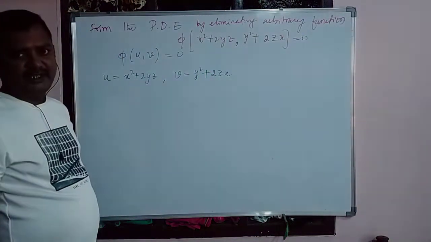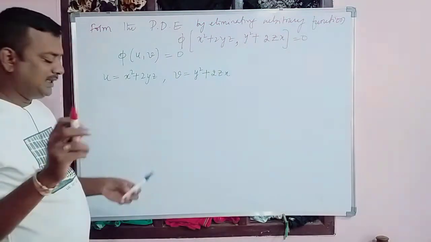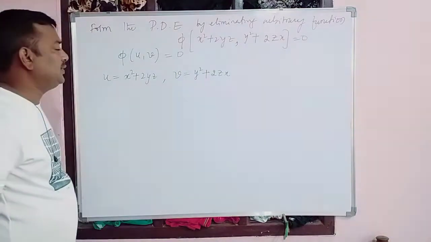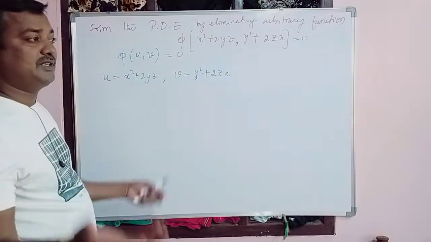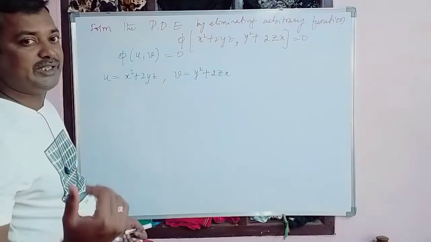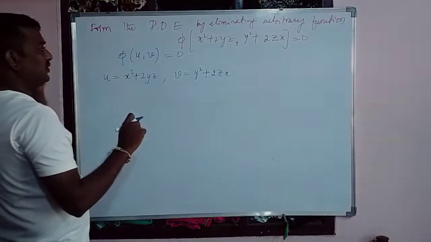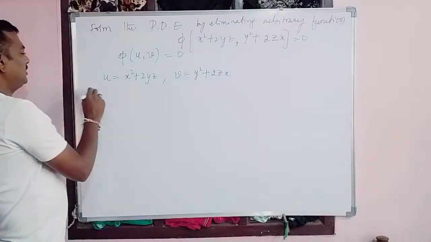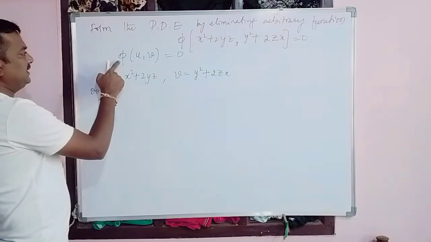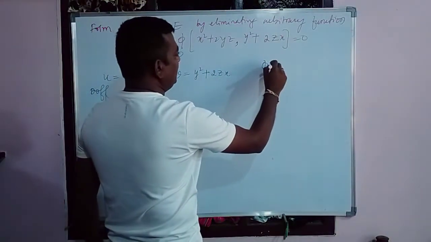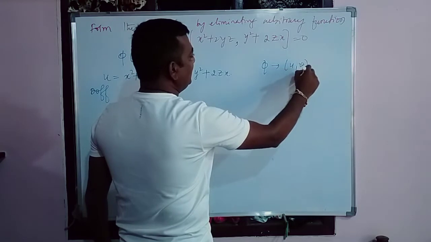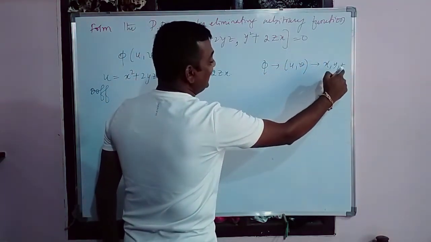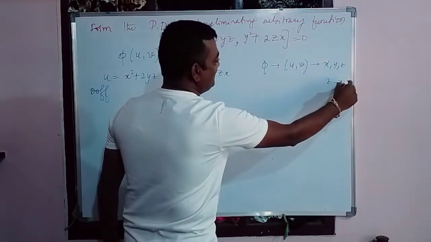To eliminate this phi, what we need to do is use differentiation by using the chain rule. Look at here, phi depends on u and v, u and v depend on x, y, z, and z depends on x and y.